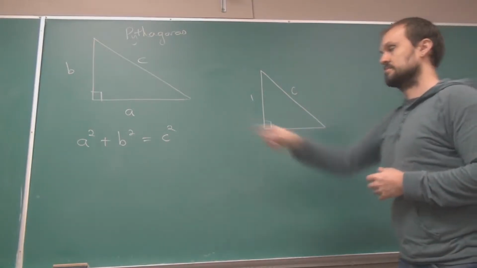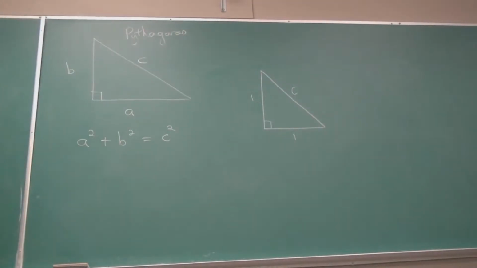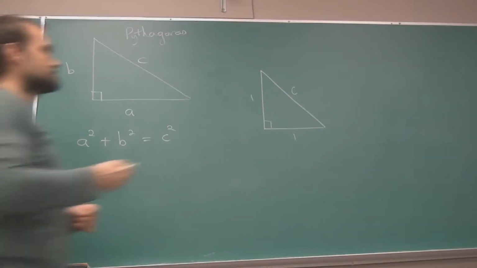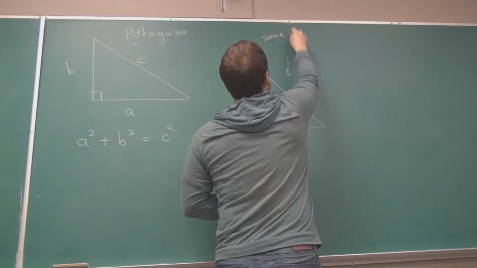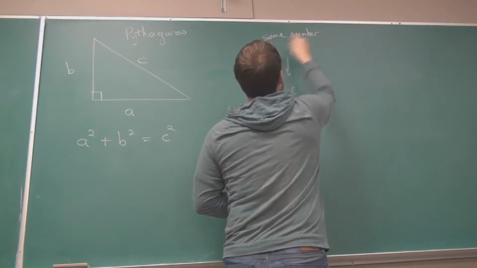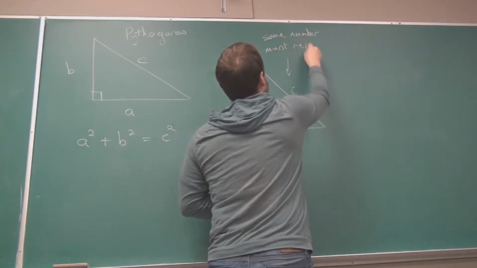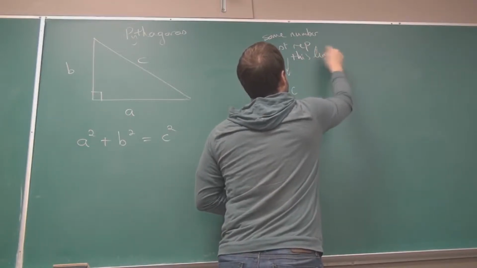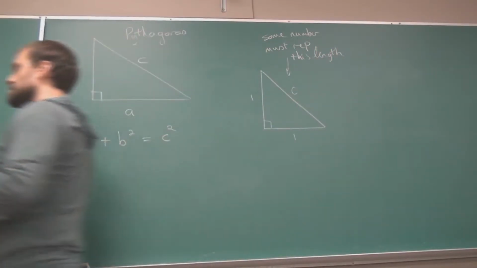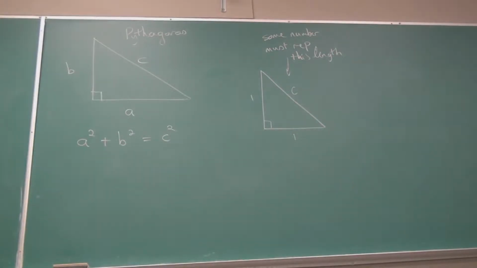Let's call it C, so it fits with that. It's a measurable length. That means there has to be a number that represents that length. So here, some number must represent this length.